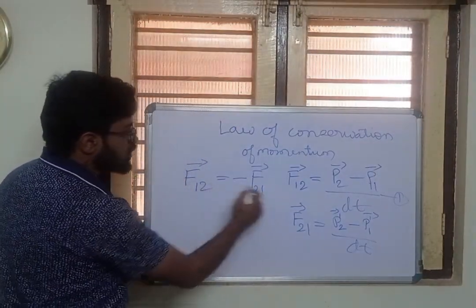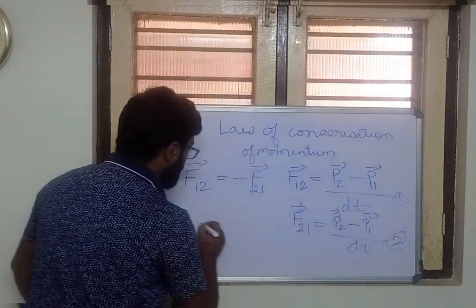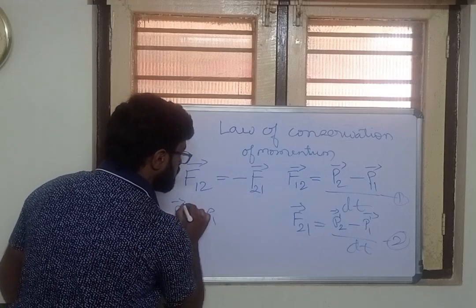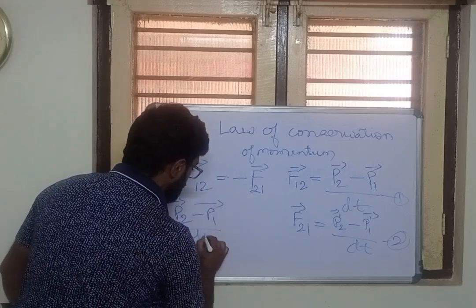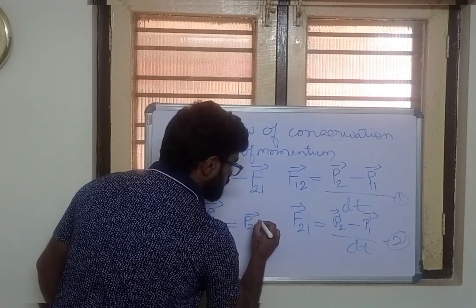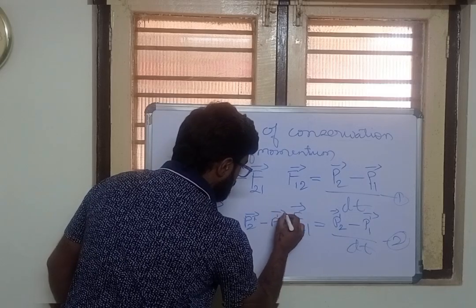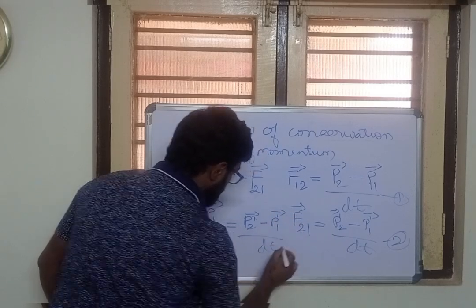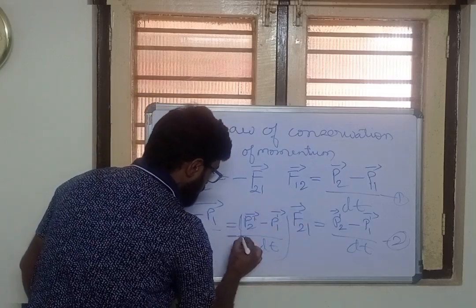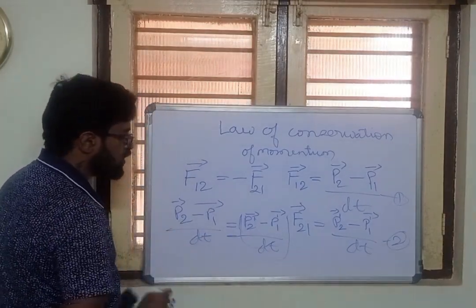So substituting the values in these two equations, we get a negative sign. So dt and dt get cancelled. What remains?